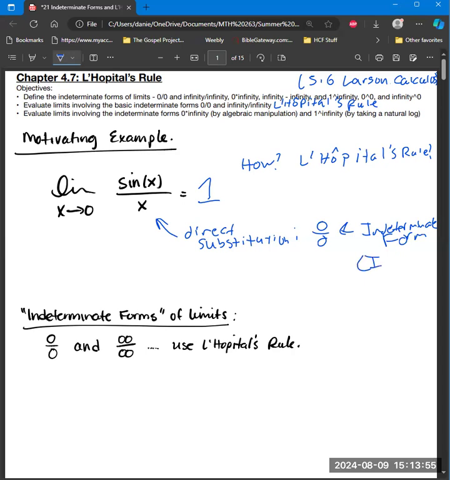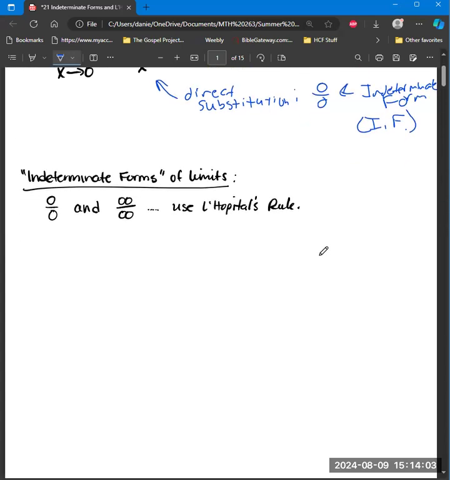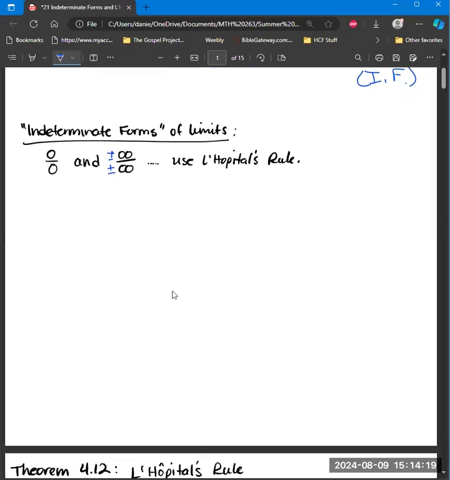From now on, in the notes, if I write I.F., I mean indeterminate form. So indeterminate forms of limits can take the form of 0 over 0 and infinity over infinity. And when we see those, we're going to use L'Hopital's rule. It's important that this can be plus or minus infinity over plus or minus infinity, any kind of infinity like that. So with this example, limit as x approaches 0 of sine of x over x, we're going to use L'Hopital's rule.